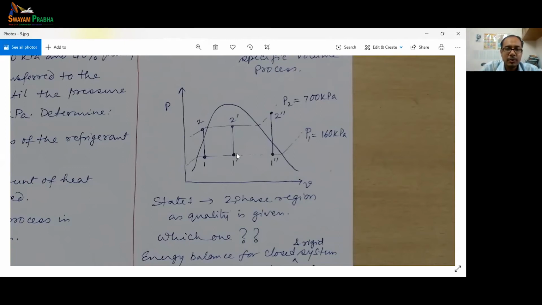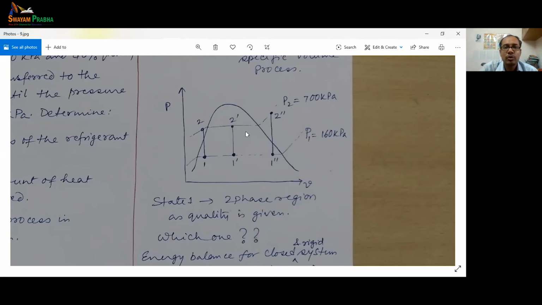And it can also be possible that you are here inside the dome and you remain inside the dome after the increase of pressure. That's also very much possible. And the third possibility, you are here at 1 double prime, and if you increase, you are going into the superheated vapor region. That's also possible.